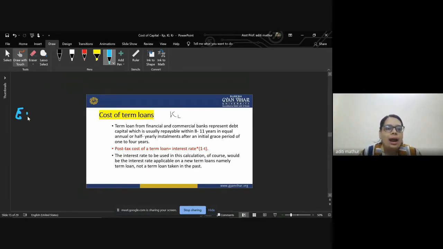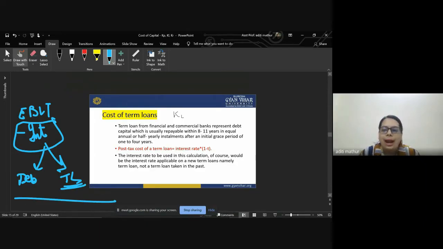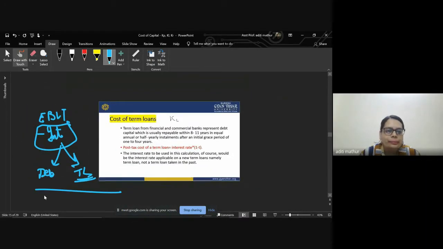Because our calculation is EBIT minus interest, and this interest is the total of interest on debentures and interest on term loans, and after that we subtract our tax, right?